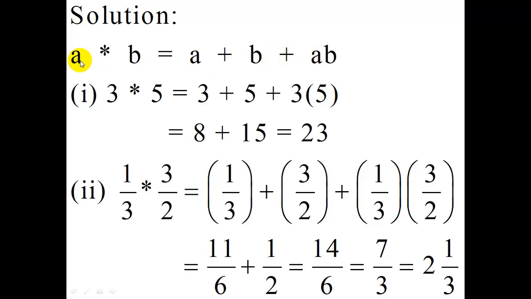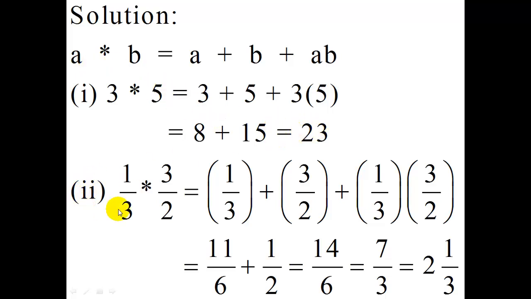Wherever we see A, we substitute it by 3, and wherever we see B, we substitute it by 5. In doing that, we have 3 plus 5 plus 3 times 5. 3 plus 5 equals 8, 3 times 5 equals 15, and 8 plus 15 is equal to 23. This means that 3 operated on 5 according to the rule is equal to 23.